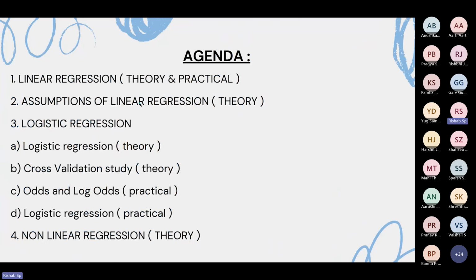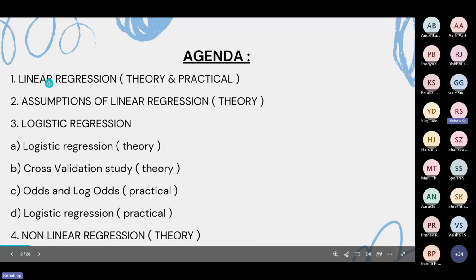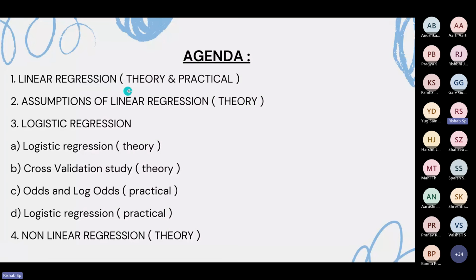The main topics in this module: first is linear regression. I think there are 2 modules or something in term 1 about linear regression. Here, there's a brief explanation of what linear regression is, the theory and the practical side. Both are actually simple, even if you don't know anything about regression. Then we have the assumptions of linear regression.